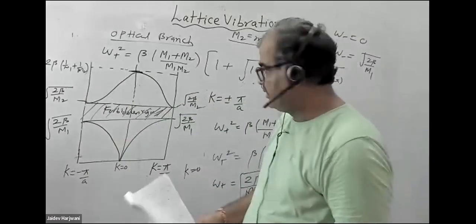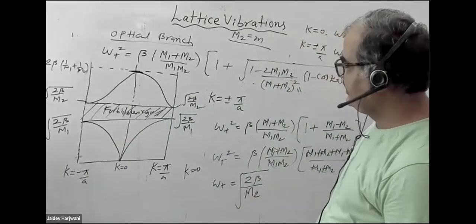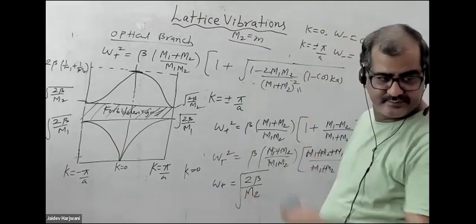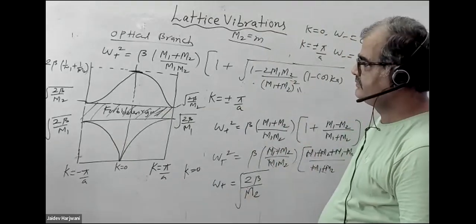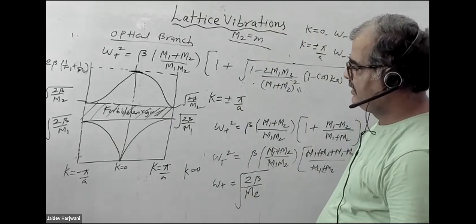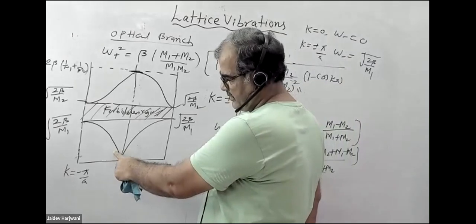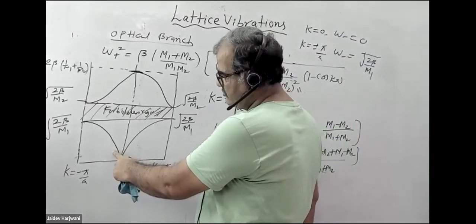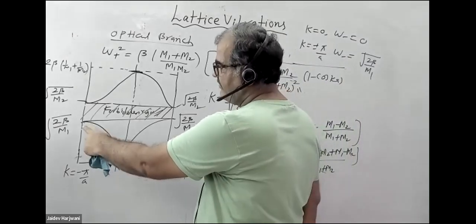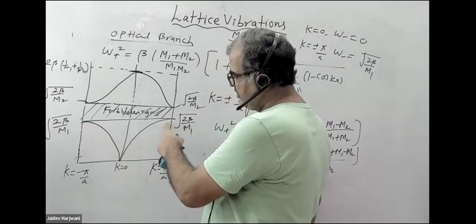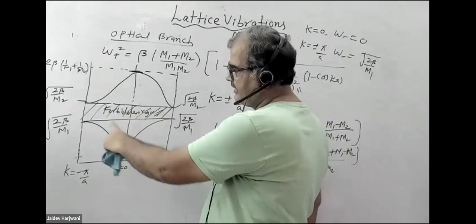Okay, so now we have seen the boundaries. Shall I erase this one? Now what happens when you are near k equal to 0, and what happens when you are near the boundaries? At the boundaries, you can see the curve is becoming almost constant.